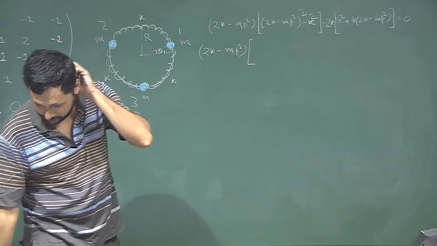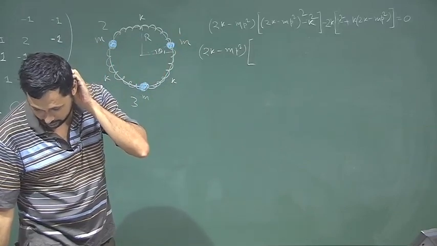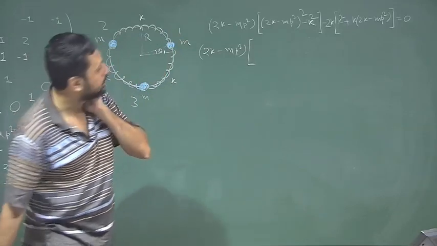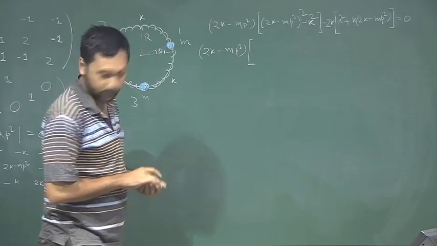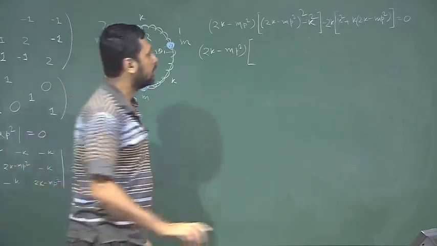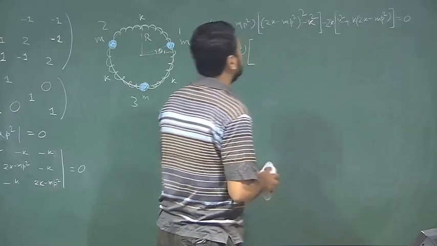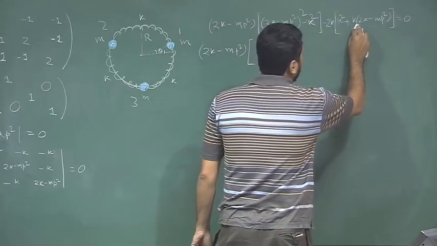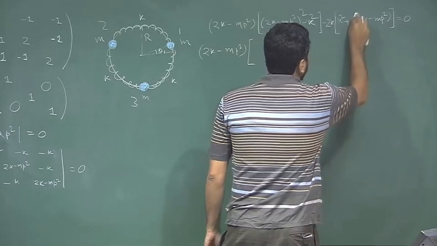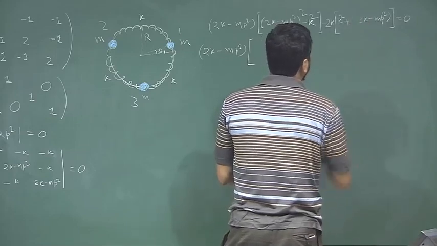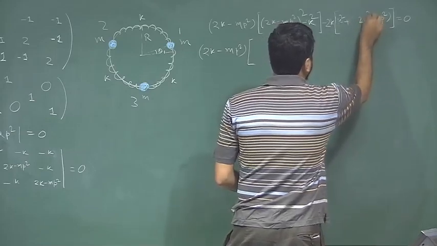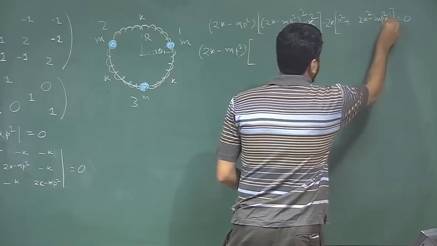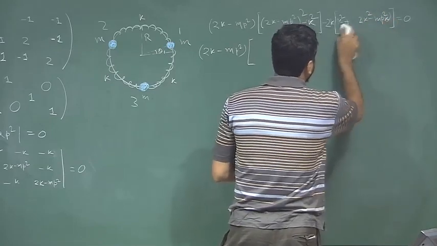There was some simplification I did. Right. Oh, okay. So, what I did was I opened this one inside before doing anything here. So, it will be 2k square if I do that, and there will be a k here. Now, 2k square will be adding to this.